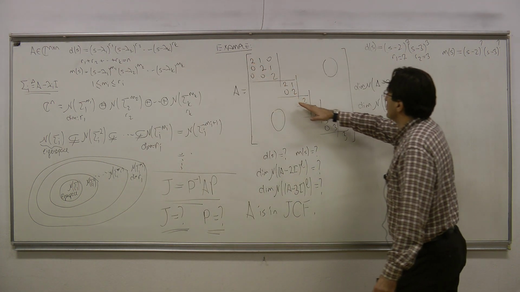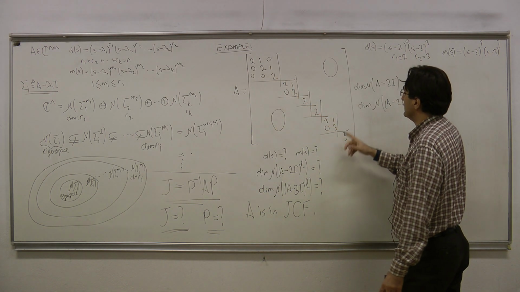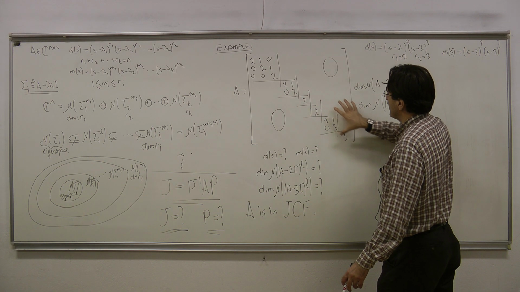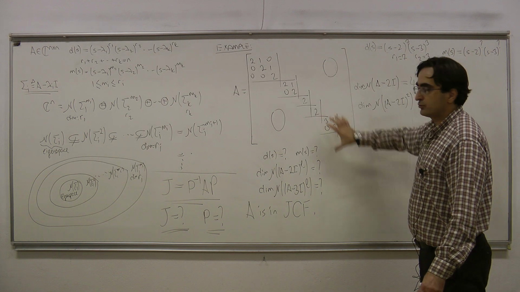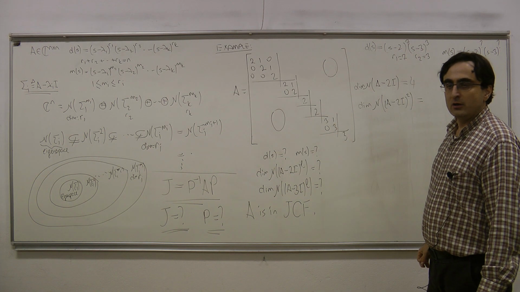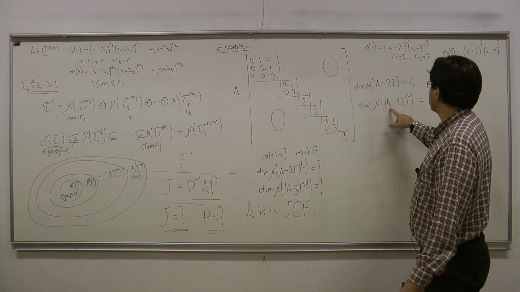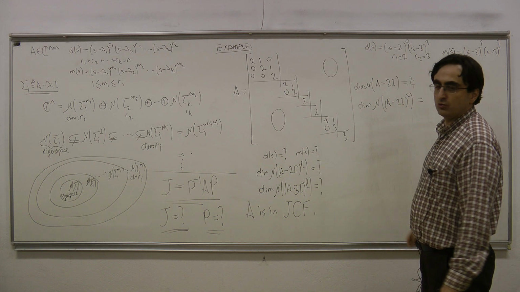I subtracted already 2 from the main diagonal here, and these blocks would always remain, these parts will not affect the null space dimension at all, because they belong to the other eigenvalue, and because they belong to the other eigenvalue, they won't affect the dimensions of null space of A minus 2 identity to a power.